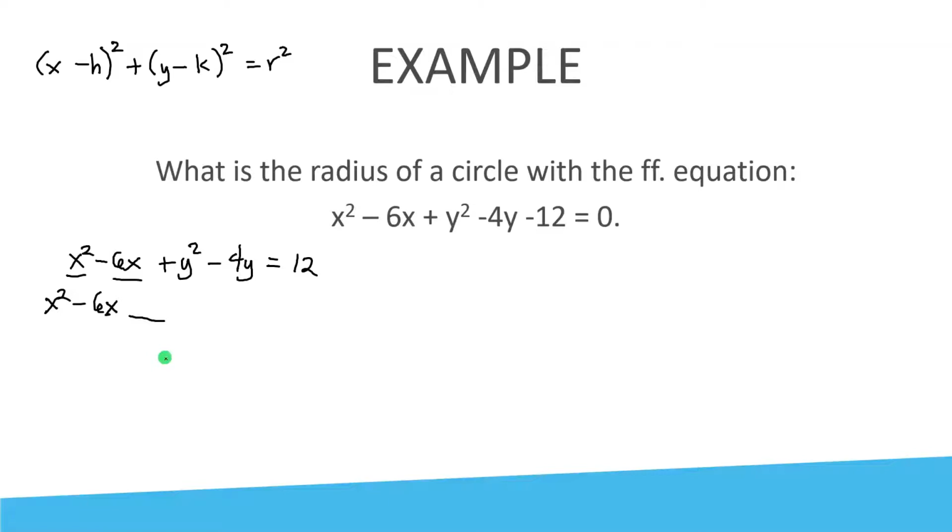Since the middle term of a perfect square expression is equal to twice the product of the square root of the first term and the third term, if I have 2 times the square root of x squared, which is x, what value would I put here so that we have a middle term of negative 6x?